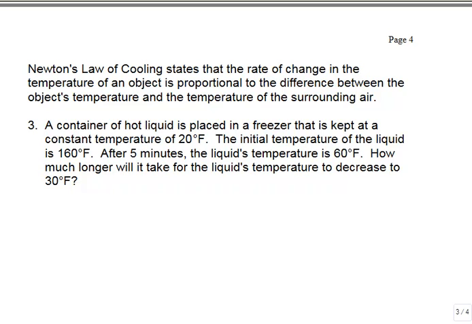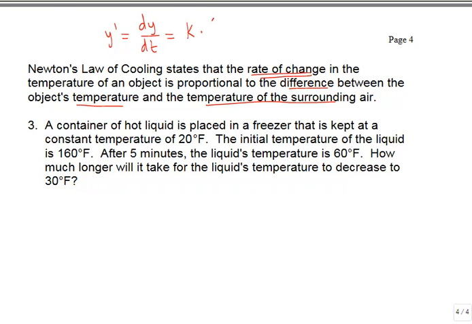Now, what Newton's law of cooling says in terms of calculus is the rate of change, which means derivative. So I'm going to write that as dy/dt, or you could also just call it y prime. That derivative is proportional to, so that means is k times, this time it's not proportional to the original amount, it's proportional to the difference between the object's temperature and the temperature of the surrounding air.